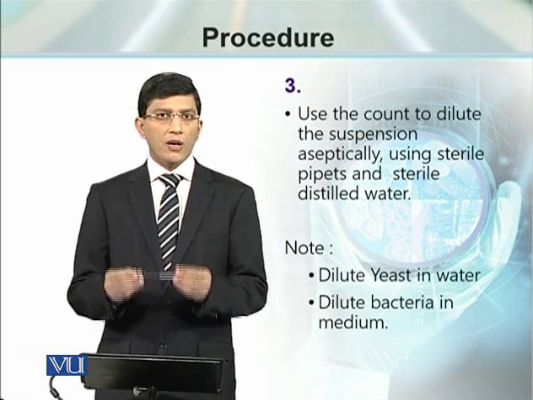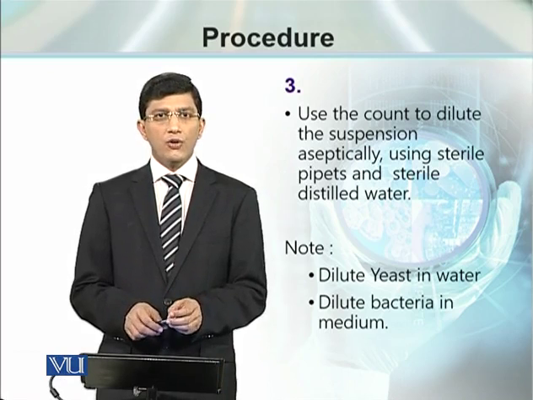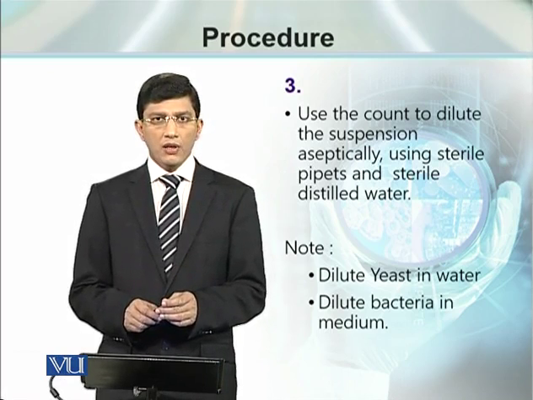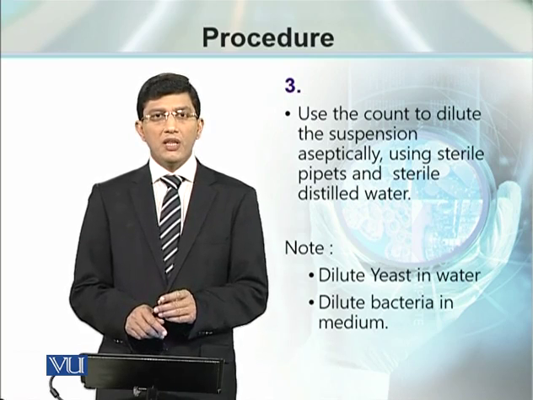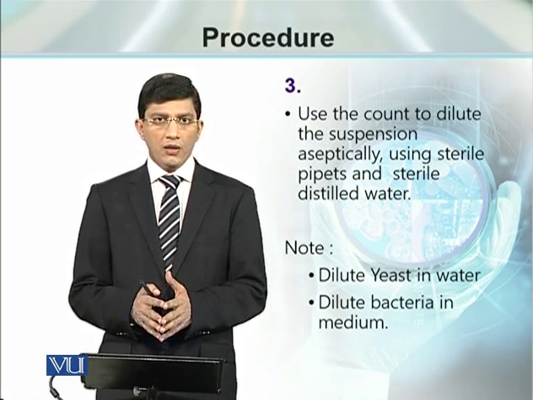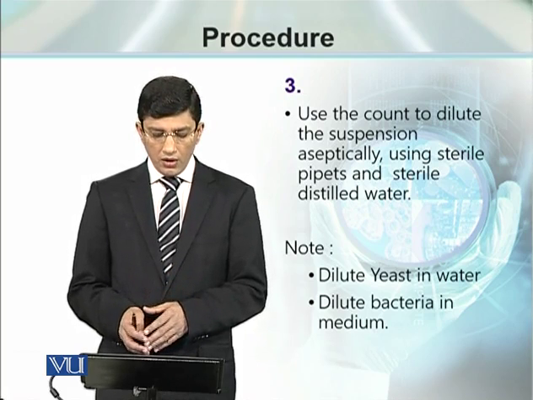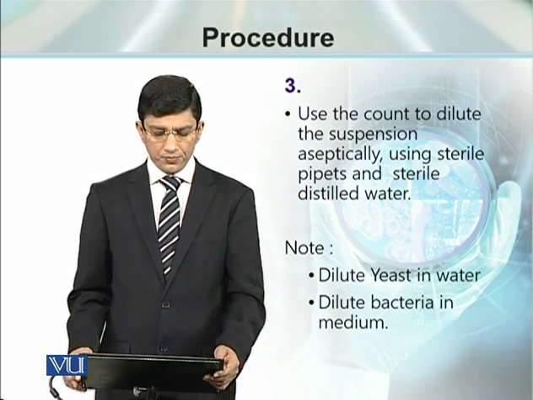If the sample is yeast, the yeast sample can be diluted using water, whereas the bacterial cell sample should be diluted with either the salt solution or the agar culture medium because of the osmoregulation reasons.